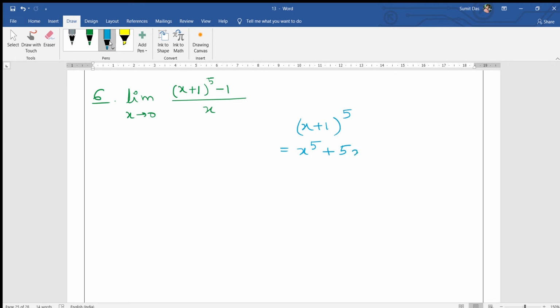Actually this is 5c1, from permutation combination, so I am directly writing the formula. Then it will be 5c2. 5c2 means 10 x to the power 3 into 1 square. Then 5c3, which means 20 divided by 2, so 10, x square into 1 cube.